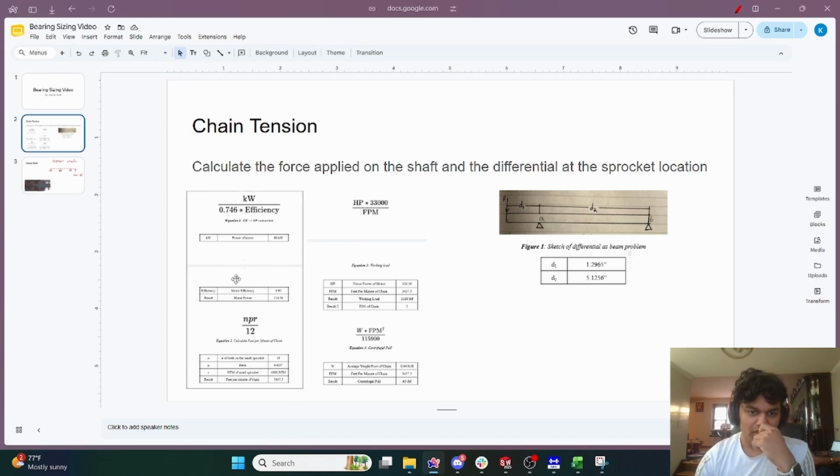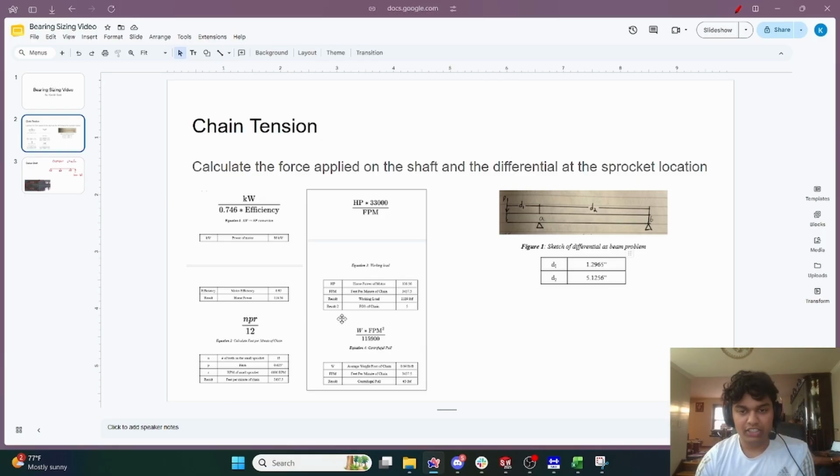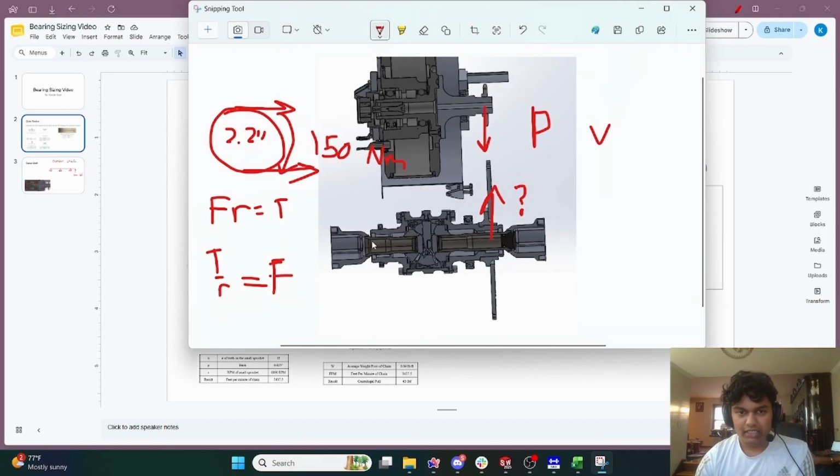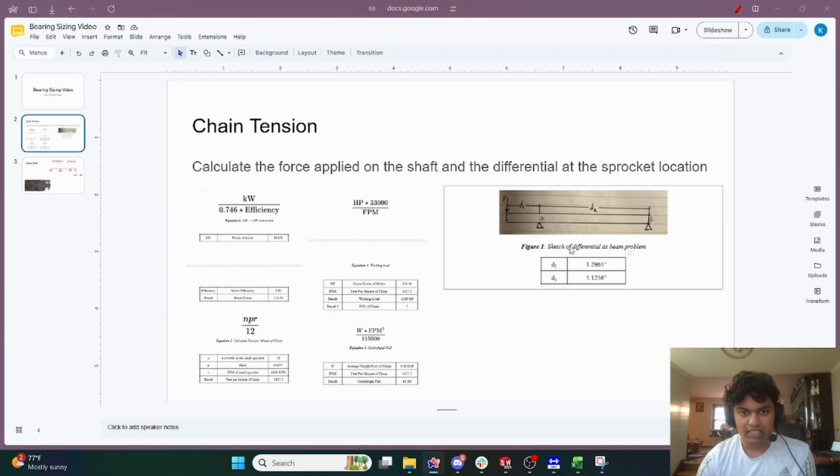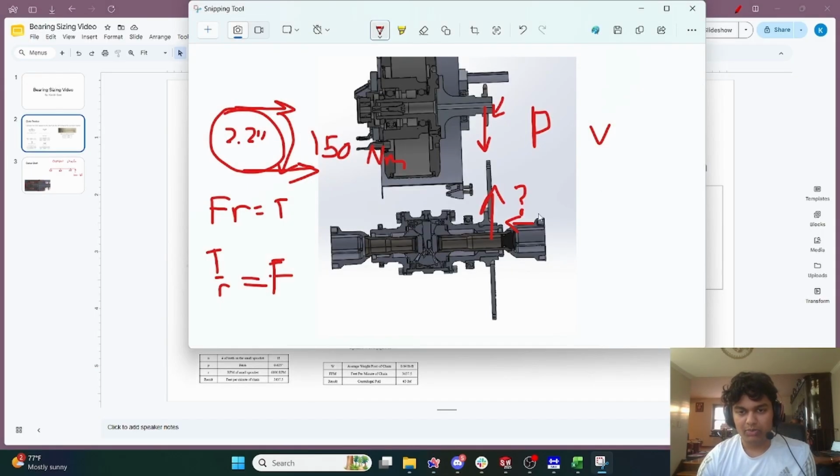So these are the four equations we use in order to calculate the chain load or chain tension. That's what we call it. And these equations tell us that for our system, we expect a load of 1,200 pounds, roughly.